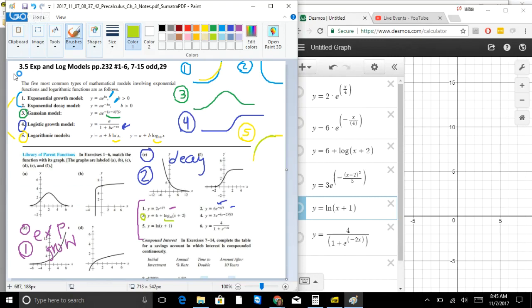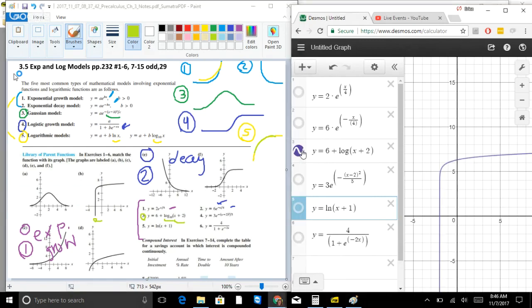I'm between B and D, and the way I can distinguish them is by looking at some clues. Inside my function, I have x plus 2. Since the plus 2 is inside my function, it's going to shift my graph to the left 2, and this looks like my graph is shifted to the left 2. So I have a strong guess that it's B.